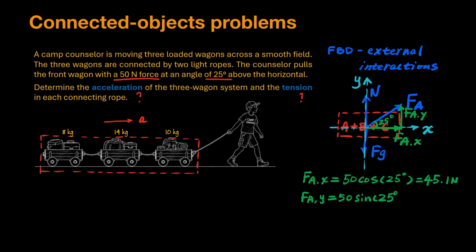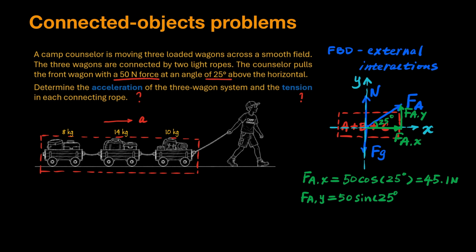Now we can apply Newton's second law in the x direction. The net force of the system equals the mass of the system multiplied by its acceleration. So it equals FAx. The total mass of the system is 10 plus 14 plus 8 kilograms, multiplied by the acceleration.